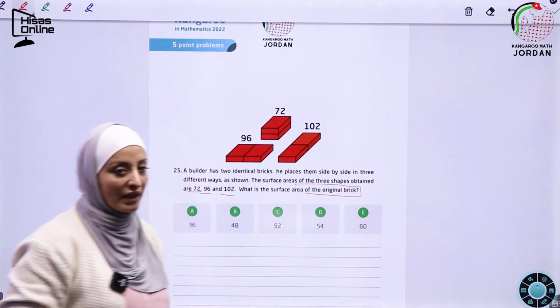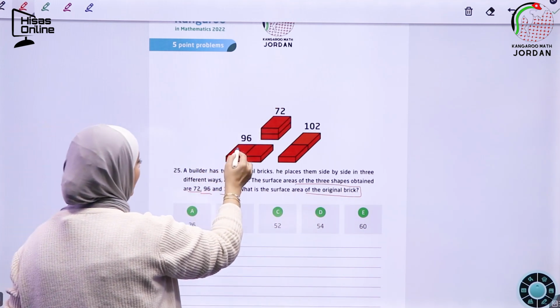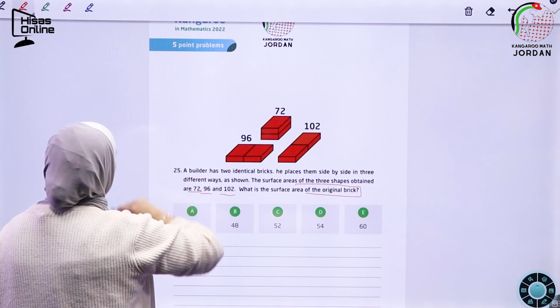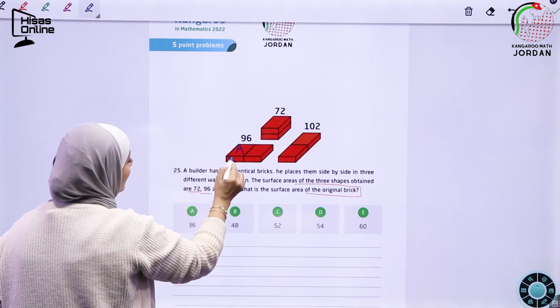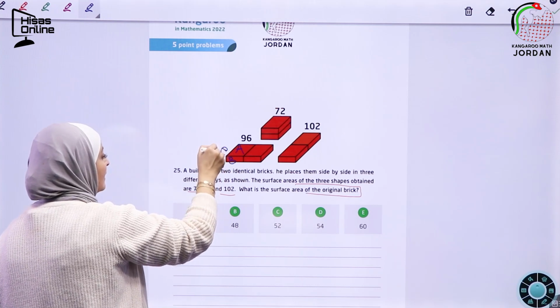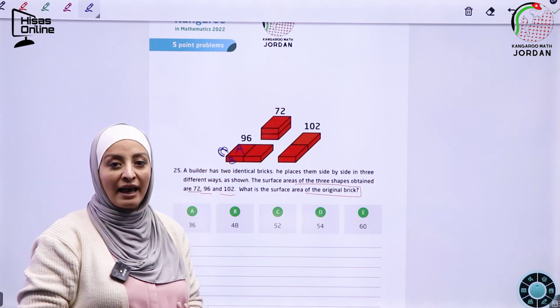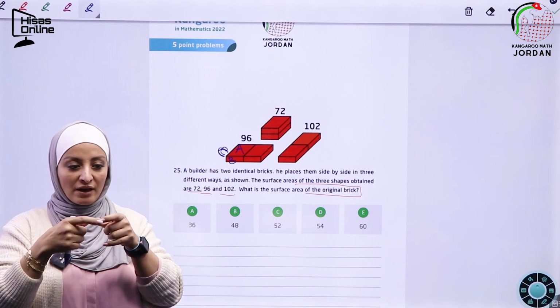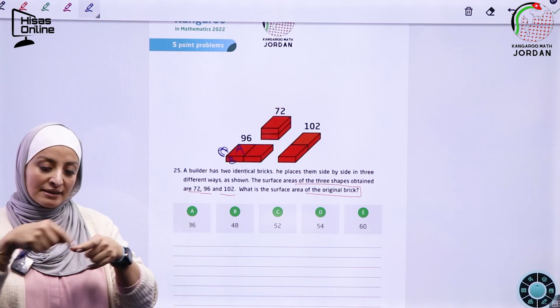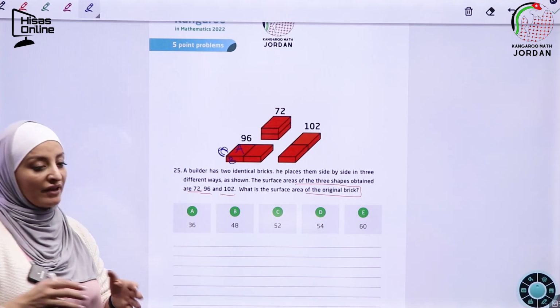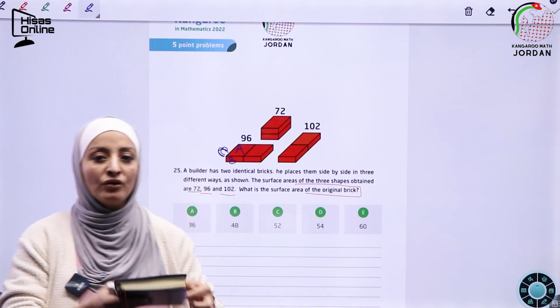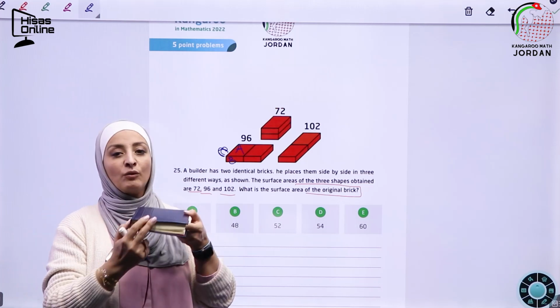Okay, you know the surface area of any rectangular prism. Let's say this is an A, B, and you know here is C. So we have 3 types of rectangle, different measurements of a rectangle, and we need to find the surface area of it. Generally, let me use this book to explain what I meant.